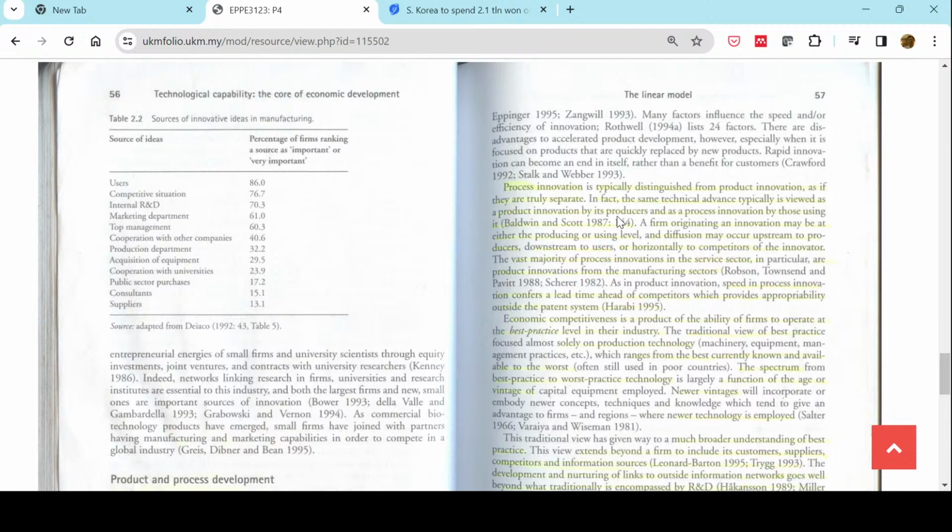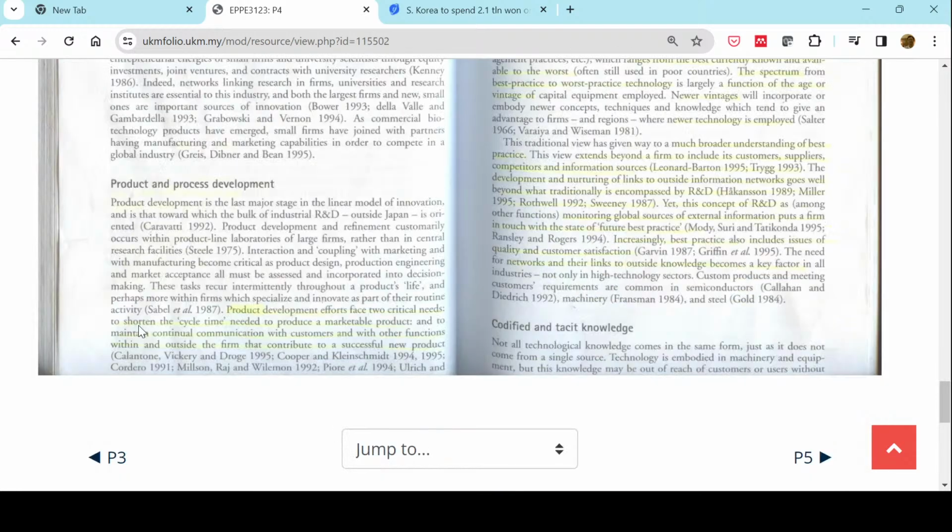Product development efforts face two critical needs. Number one, to shorten the cycle time. Companies are competing to offer better products.